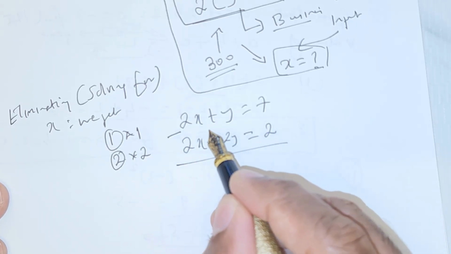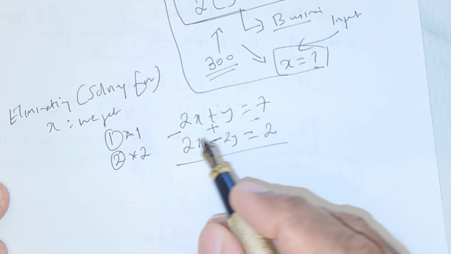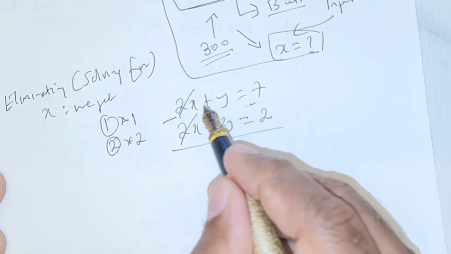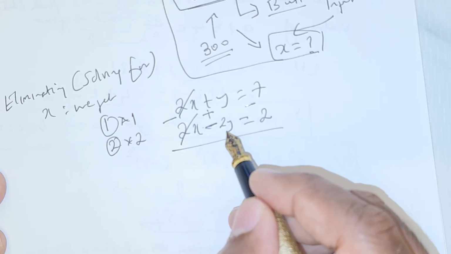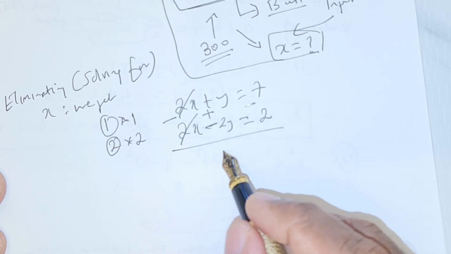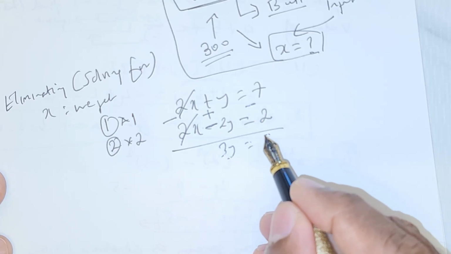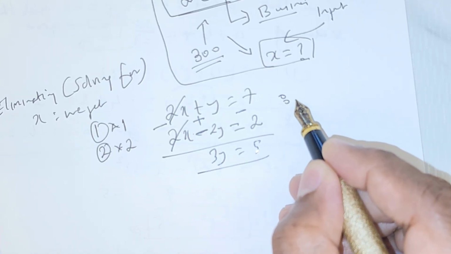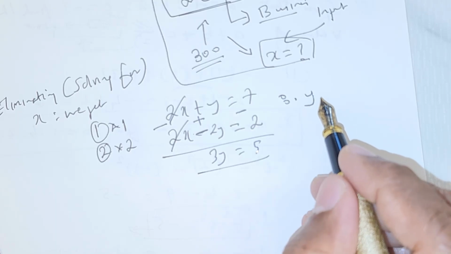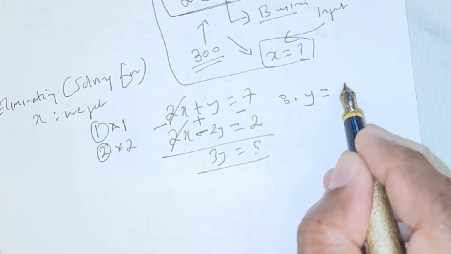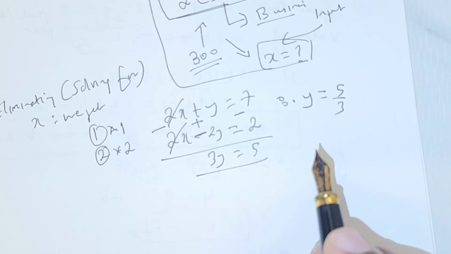I have a negative here, I change it to positive. I have a positive, change it to negative. So 2x gets cancelled. Positive y added with positive 2y gives me 3y. Here from 7 you take away 2, that's going to give me 5. So therefore y is equal to 5 over 3. This is what you're getting for y.